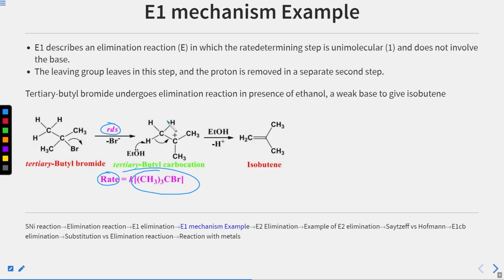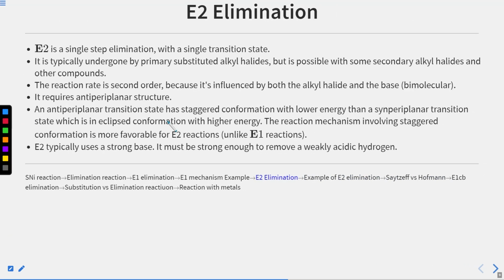Now what is this E2 elimination? This E2 elimination is a single step reaction, unlike E1 elimination, which involves first leaving of the halide and then abstraction of the proton. It is a single step reaction with a single transition state. It is typically undergone by primary alkyl halides. Okay, so primary substituted means this one.